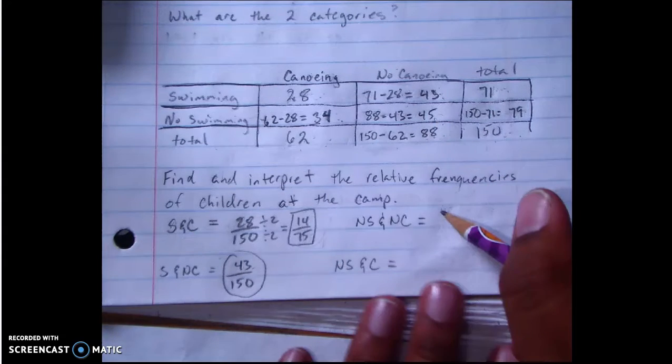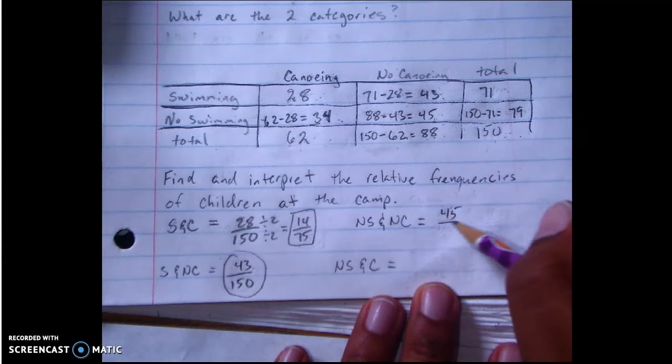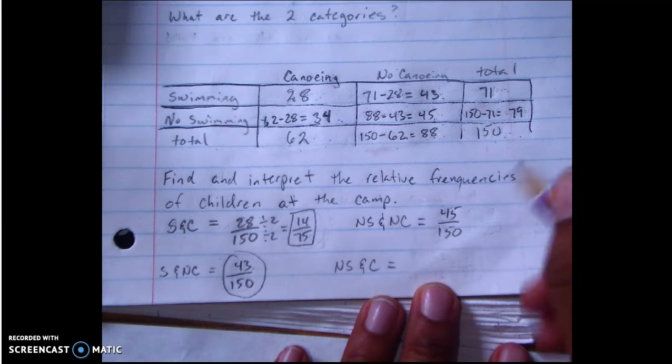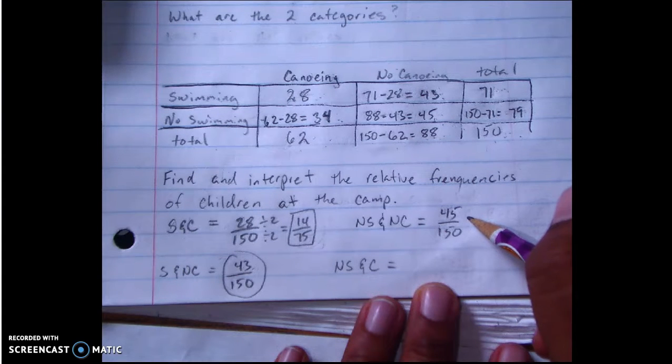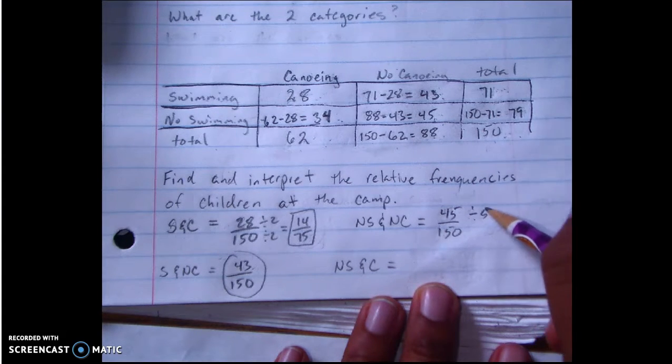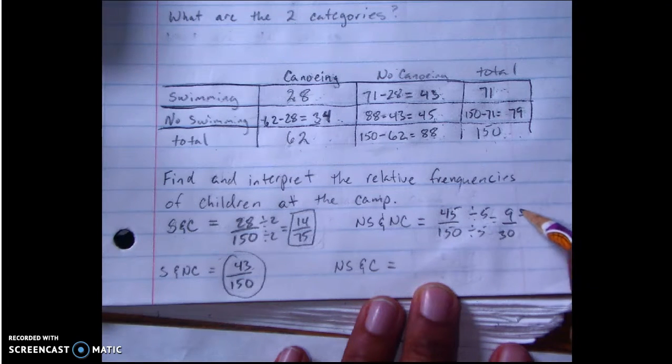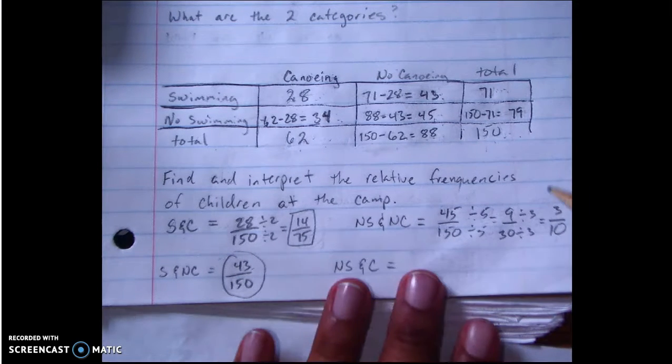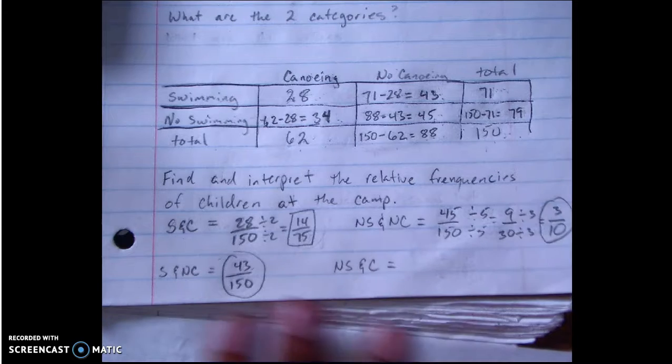So we're going to go 45 over 150. These two numbers can actually be divided by 5, because it ends in 5 and 0. So I get 9 over 30. And then these two numbers can be divided by 3. So I get 3 over 10. And then that was that frequency right there.